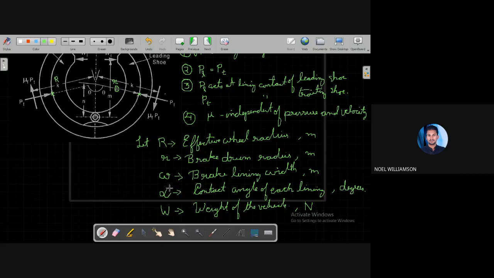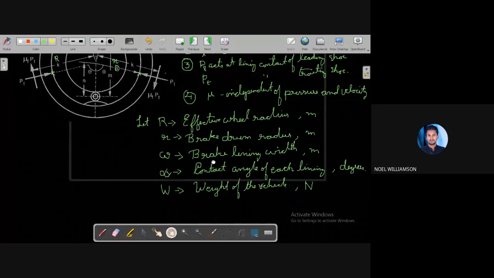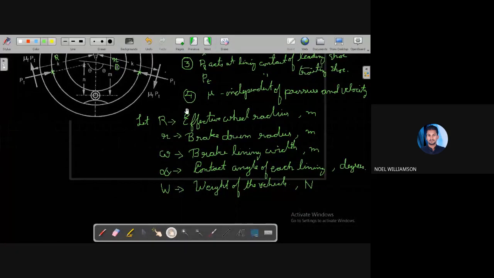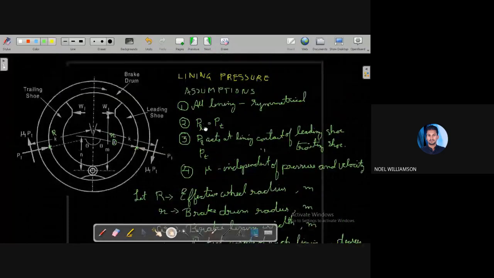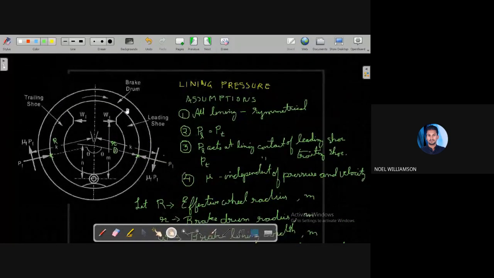Then capital W is the weight of the whole vehicle. Regarding the calculation, we will see the calculation part in the next class. So this is the basic introduction to the topic.